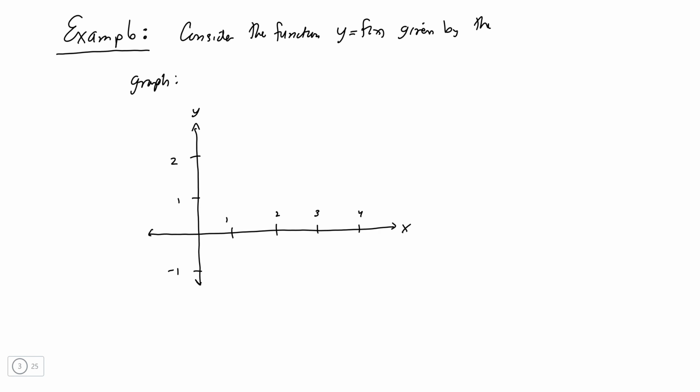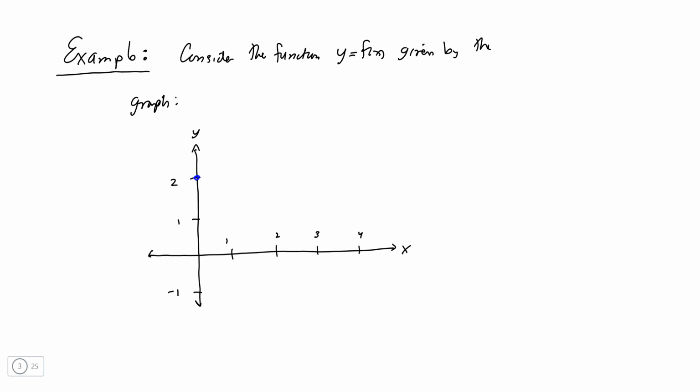Okay, so there's our axes. Now let's go ahead and put our graph down. So let's say we start here at 2 with a solid dot. We're going to go down, have an open dot here.